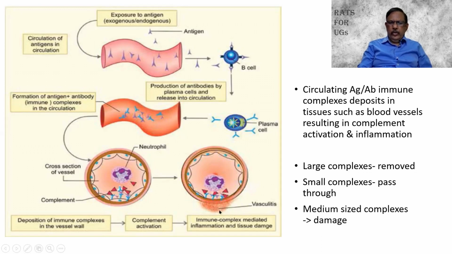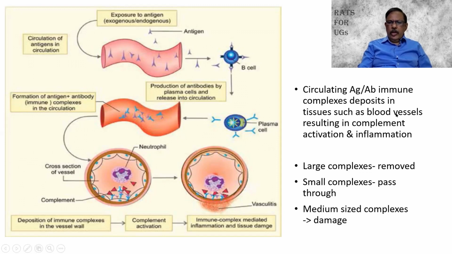So this will lead to release of some substances which cause the reaction. So this is the basic pathology. I would like you to kindly stop, revert, and examine this again. I repeat it once again. Circulating immune complexes in the blood vessels are being activated by means of the complement system.